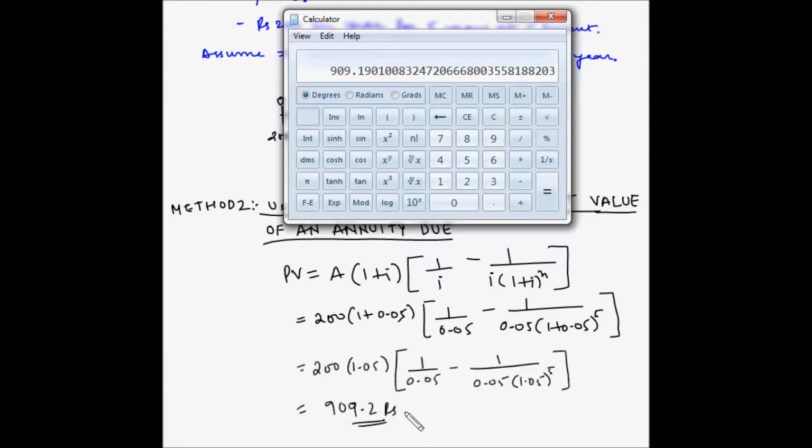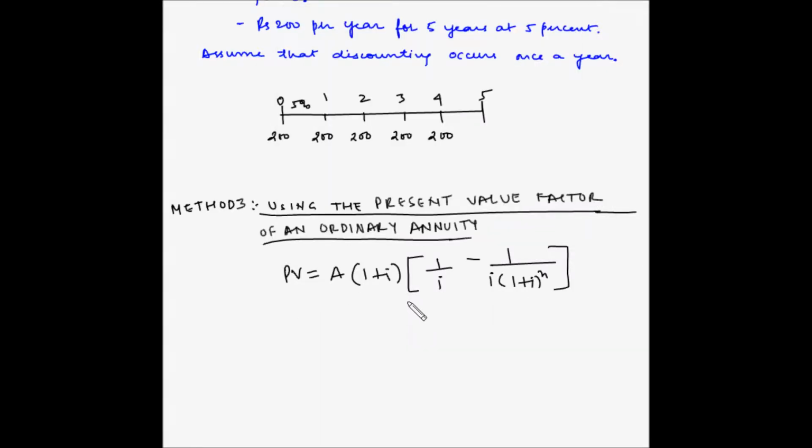Now let's move to method 3, which is to use the present value factor of an ordinary annuity. Now, as we had seen in the second method, this is the formula to calculate the present value of an annuity due. Now, if we segregate this into two parts, let's say this is one part and this is the second part, then this second part is also the present value factor of an ordinary annuity.